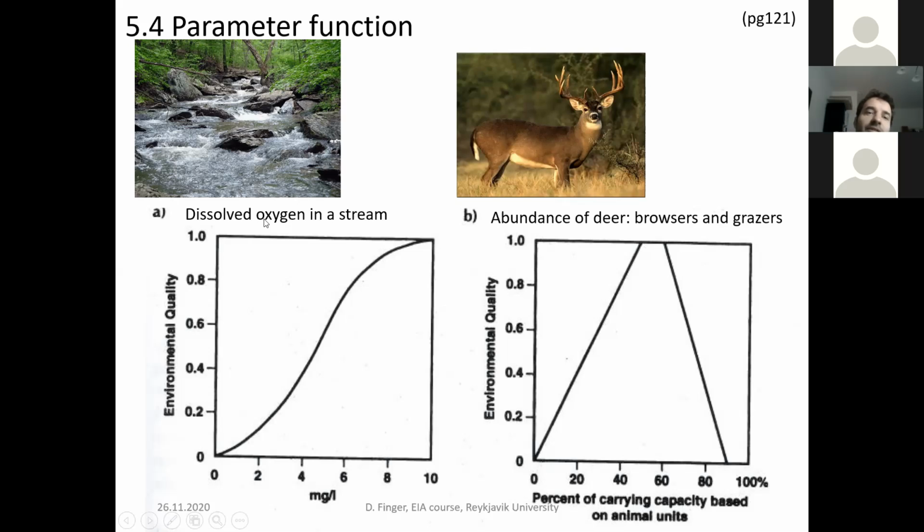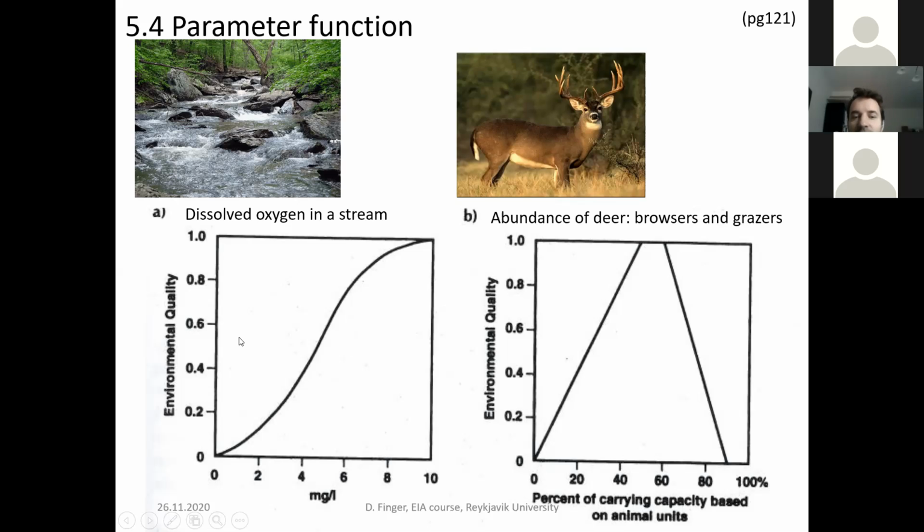And if you let water that has low oxygen into a stream downstream, into a river downstream, then you might create conditions where the oxygen concentration is too low, and this might then lead to fish kills, like we've also seen in the first day of the lecture.